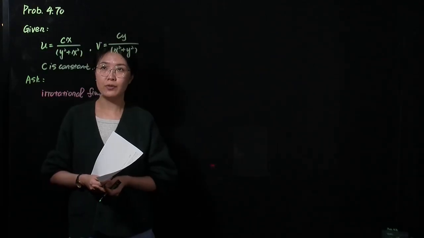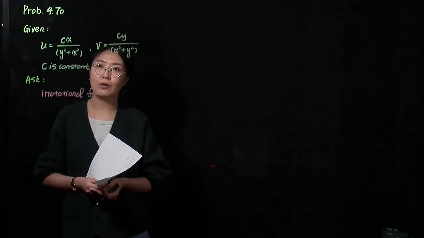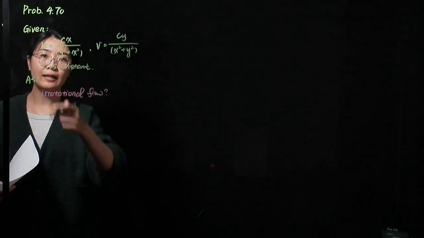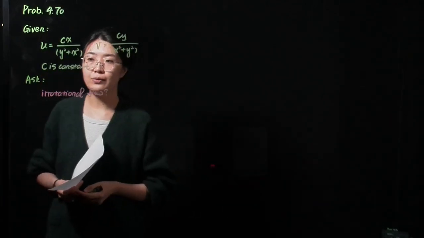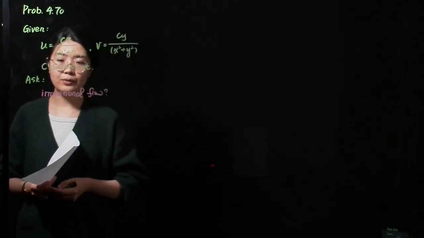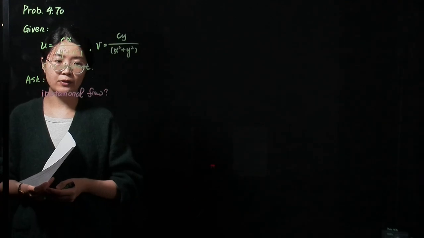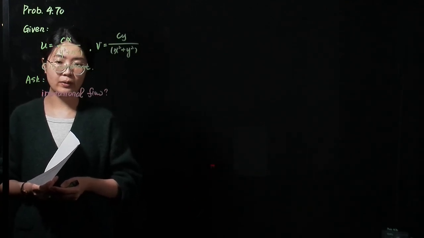For problem 3, we have a two-dimensional flow. We know the velocity components in x and y, and we know c is a constant. The problem asks us to determine if this flow is irrotational or not.